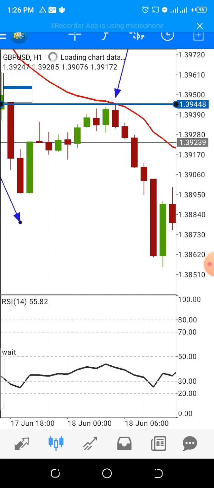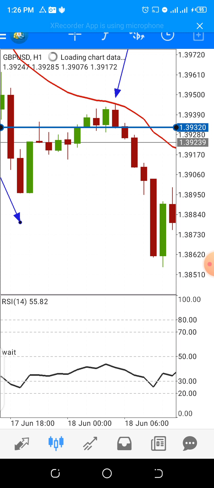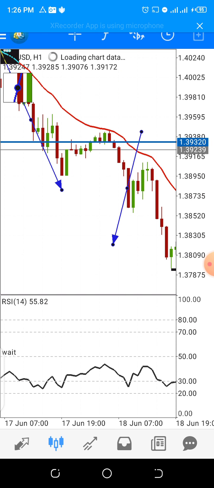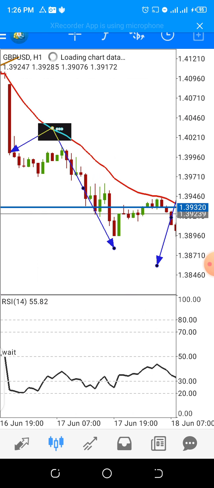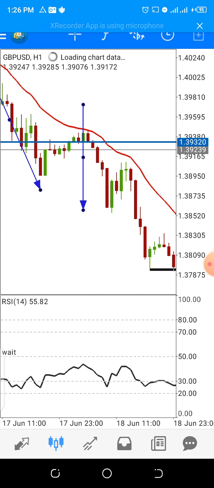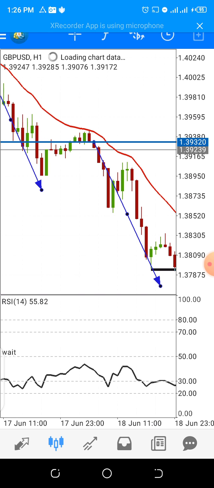It touched the body up here and closed down here, and you just take your trade from here and target a lot of pips from that movement downwards. From the entry, you target all of this.